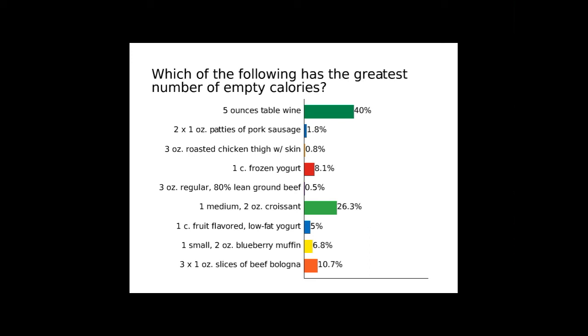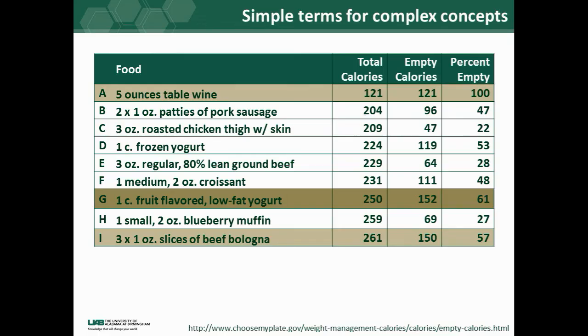If we go to the actual table, directly from Choose My Plate, where they talk about empty calories, we see that the greatest number of empty calories is fruit-flavored low-fat yogurt. Especially the dietitians in the audience, I think if you were to ask many people if they thought low-fat yogurt was going to be a healthy option, most of them would probably say yes.